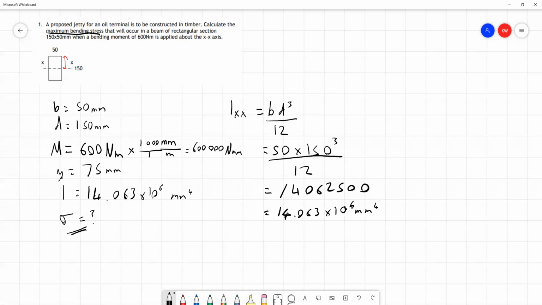So let's do that calculation. Remember, our equation for bending stress is equal to M times Y over I. We now have all these numbers. M we've got in our correct form of 600,000 Newton millimeters. Y we worked out was 75. And I we've just calculated is 14.063 times 10 to the 6. So we put all of this into our calculator as well, and this will give us our final answer.